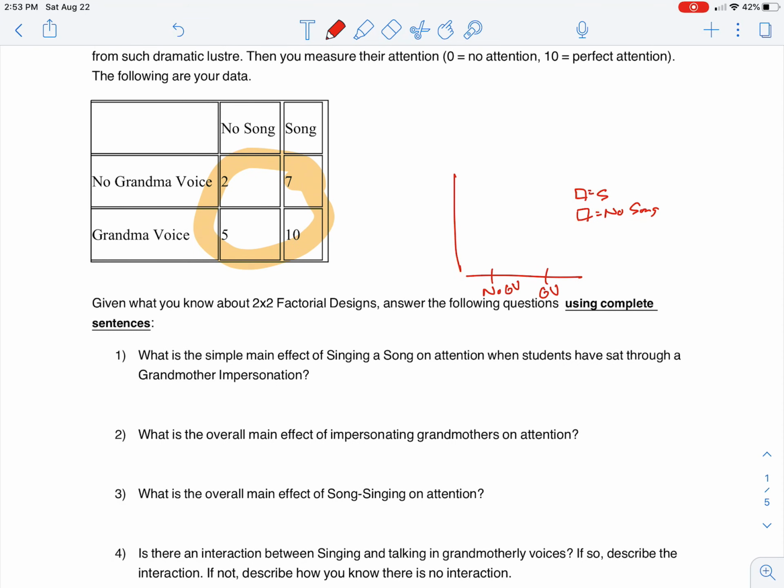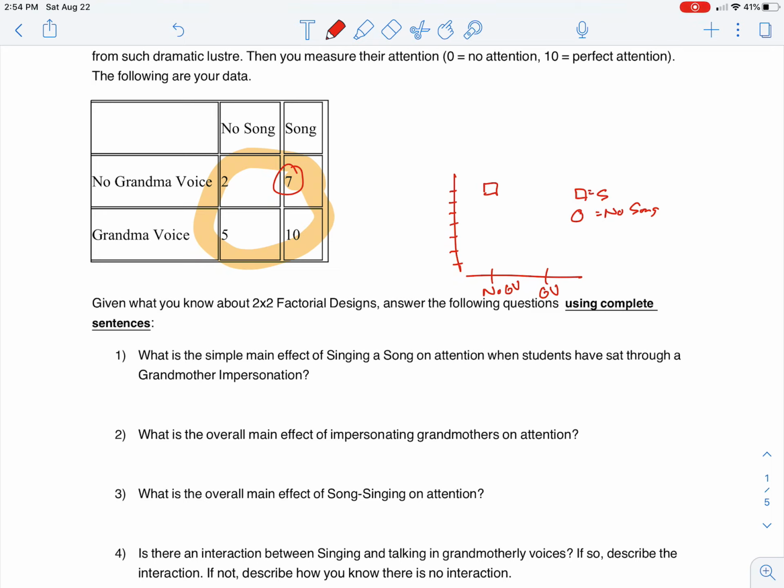So let's just take, sorry, you're going to want a circle for one of those. So let's do a circle for no song and a square for song. So in the no grandma's voice song condition, what I'm going to do is graph a 7. 1, 2, 3, 4, 5, 6, 7. So I'm going to have a square there.